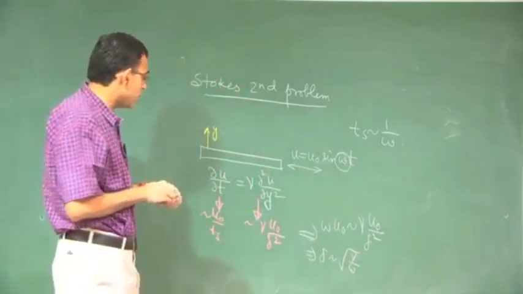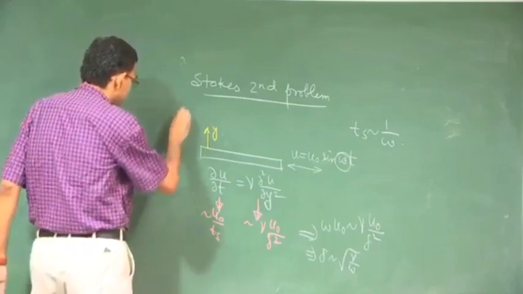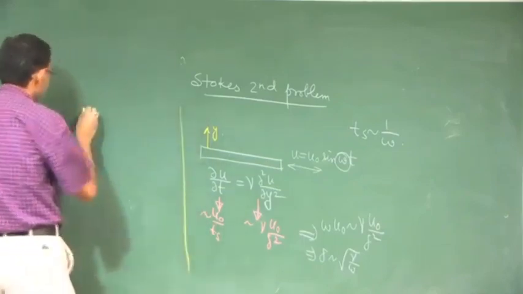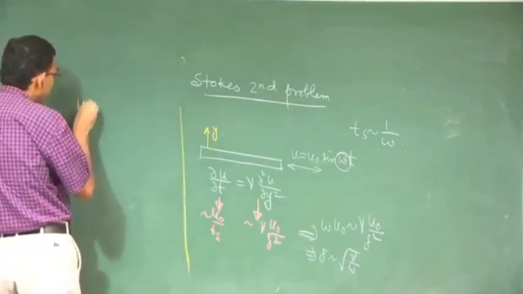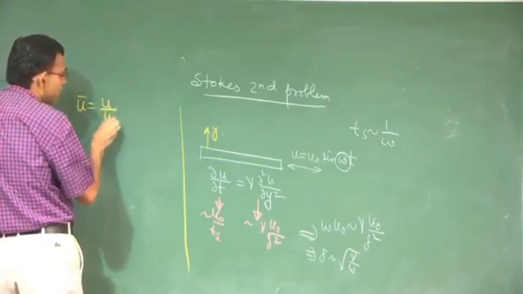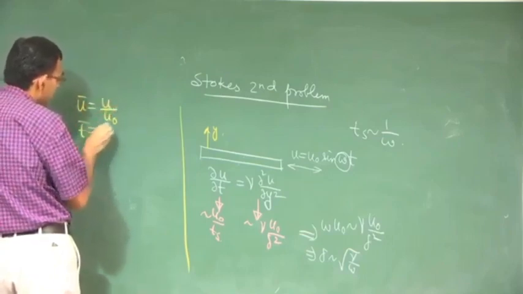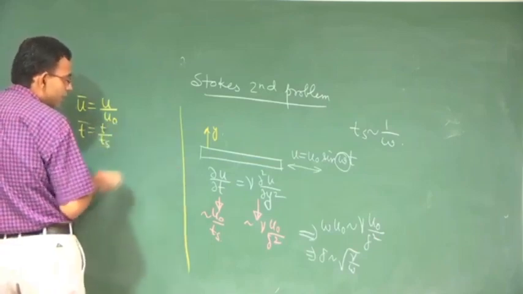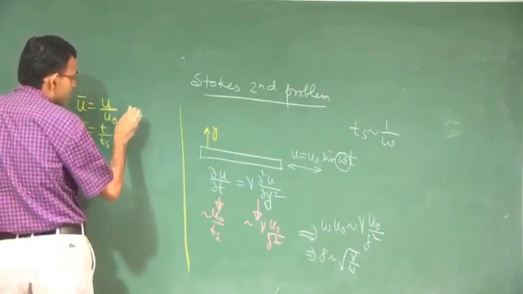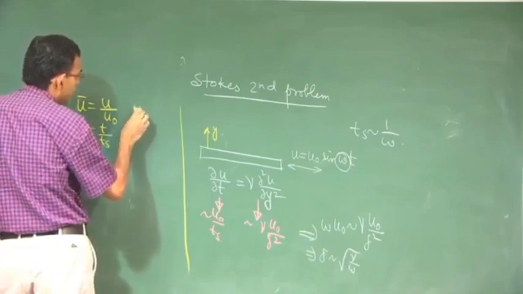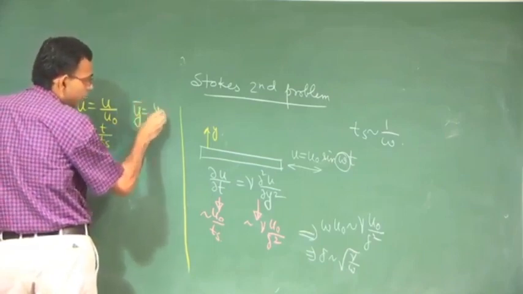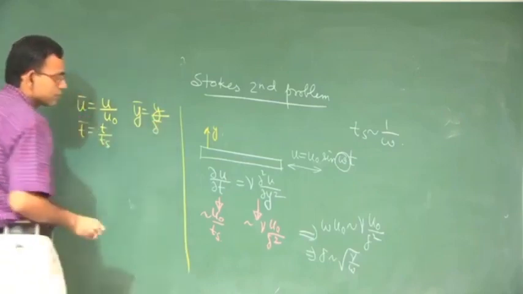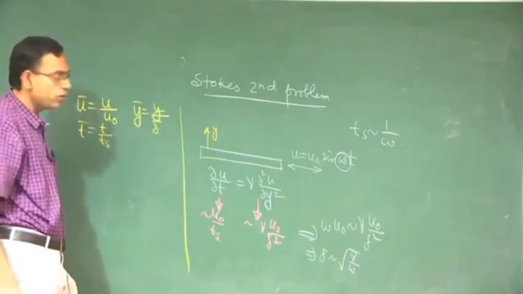So, now we can non-dimensionalize this equation. Let us say you have u non-dimensional as u by u0, t non-dimensional as t by ts, where ts is 1 by omega, y non-dimensional is y by delta, where delta is square root of nu by omega.